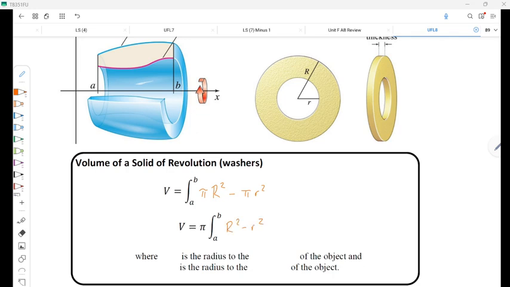Those are just the radiuses. We will replace them with f of x's and things like that. These should always be dx's, where big R is the radius to the outside of the object, and little r is the radius to the inside of the object.